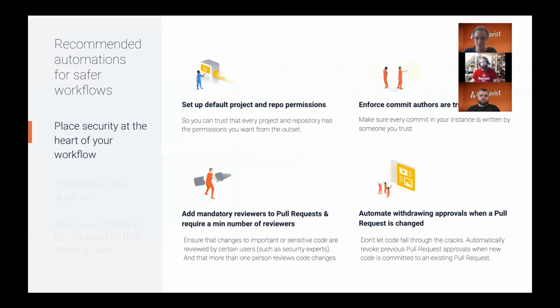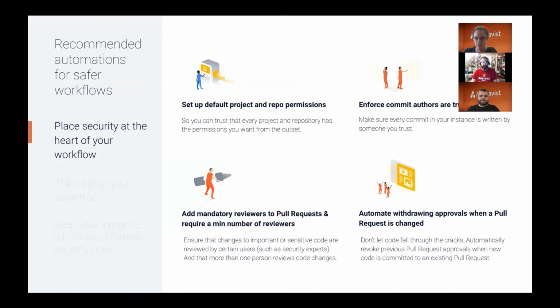I think the first thing to think about when considering your Bitbucket workflows is to place security at the heart of them. You can do that in a number of ways using a number of hooks and built-in scripts in ScriptRunner. The first thing you can think about is setting up default project and repository permissions. This means that from the outset of using the product, you can always trust that your projects and repositories have the permissions that you want to specify at a global level.